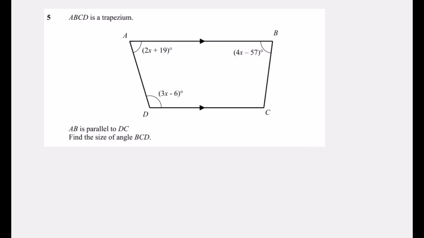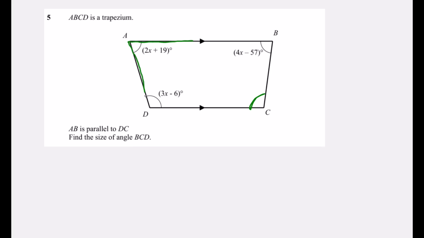Question 5. ABCD is a trapezium. AB is parallel to DC. Find the size of angle BCD. So we want this angle here. We have a trapezium, we have parallel lines.